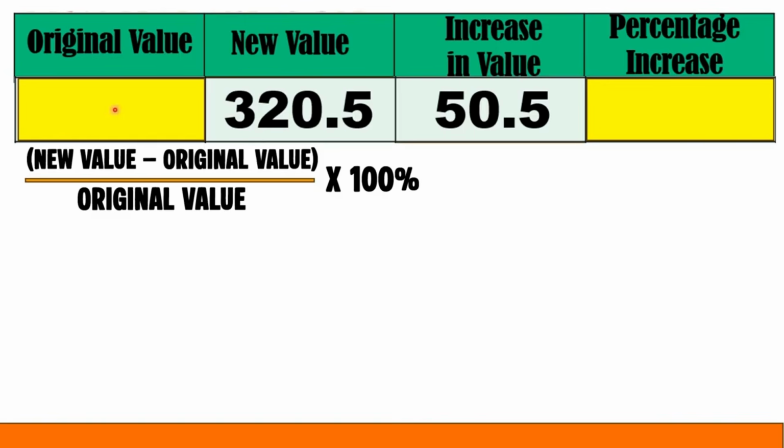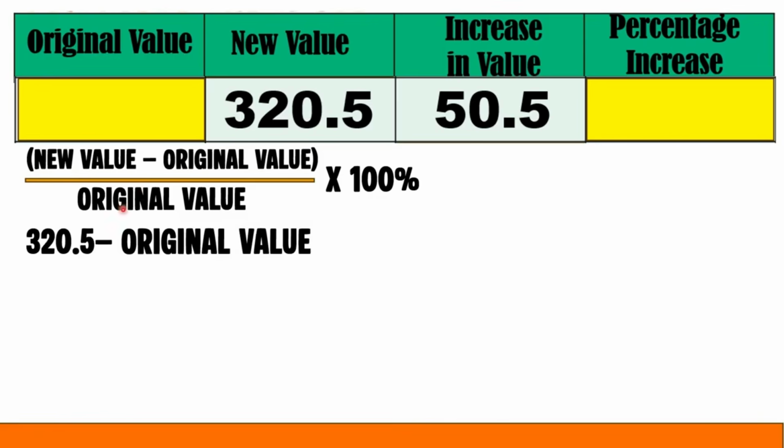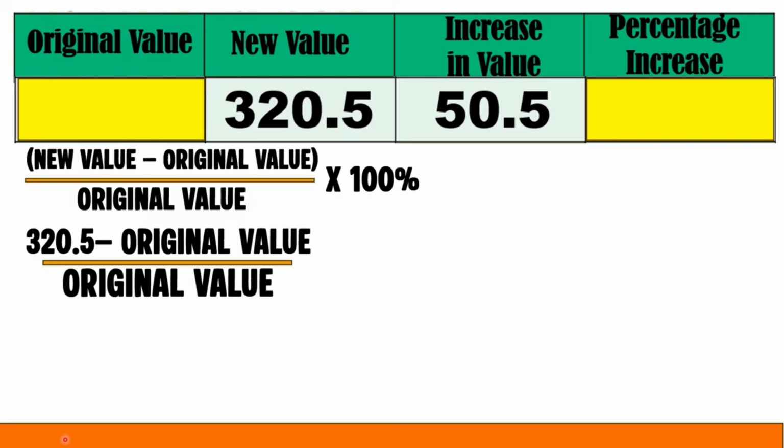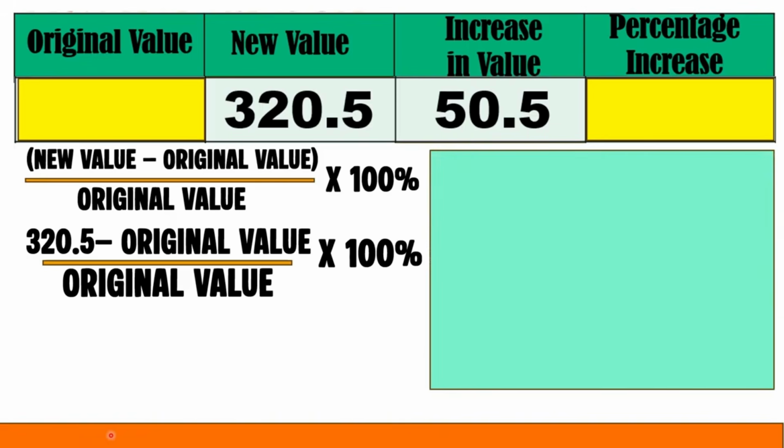To find them, let's substitute the following: 320.5, the new value, minus the original value over the original value times 100. Again, we cannot solve this problem using the formula. Again, we use the alternative solution.